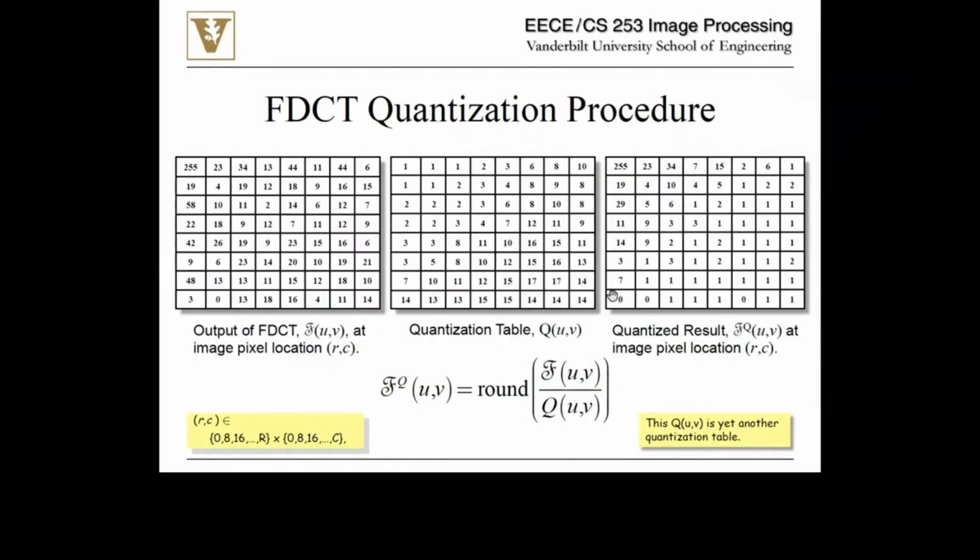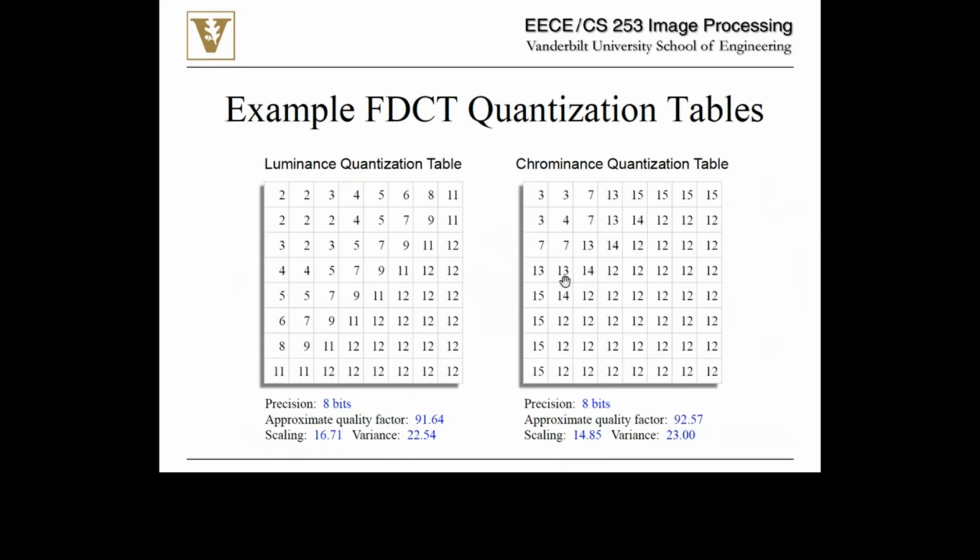So we use a quantization table. We now understand the horizontal and vertical properties. If we look at the chrominance and luminance quantization tables, we see that the chrominance quantization tables very quickly get into high numbers. They very quickly go from 1 to 12, from 3 to 12.